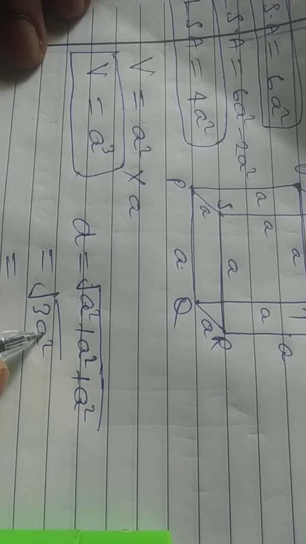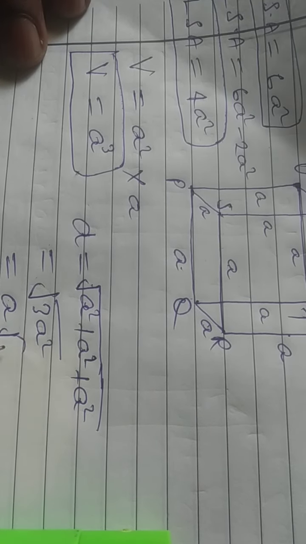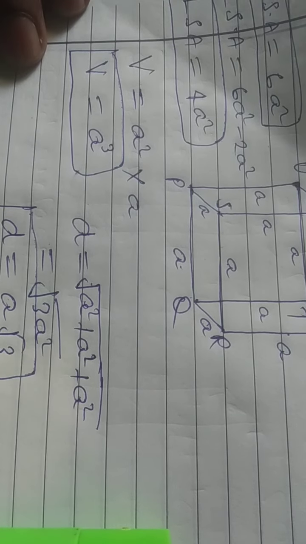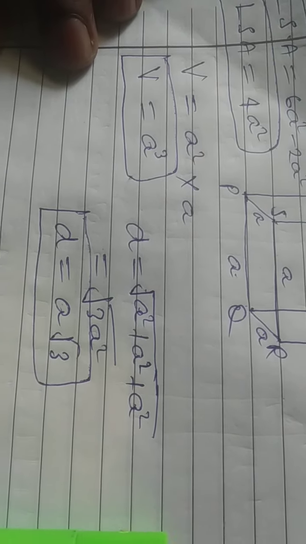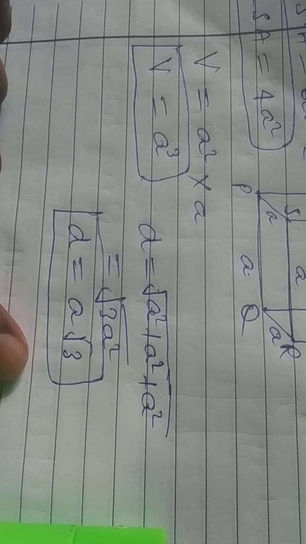Since a square is a perfect square, we take a outside and write a under root 3. Therefore, the diagonal of the cube is a under root 3.